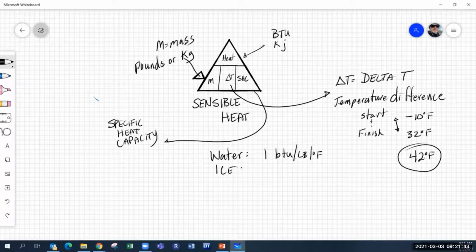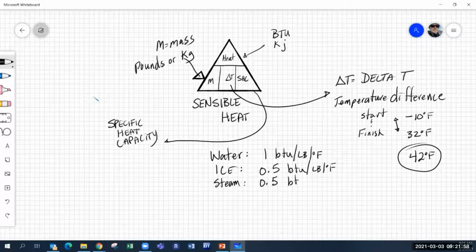Ice has a specific heat capacity of 0.5 BTUs per pound per degree Fahrenheit. And steam has a specific heat capacity of 0.5 BTUs per pound per degree Fahrenheit.